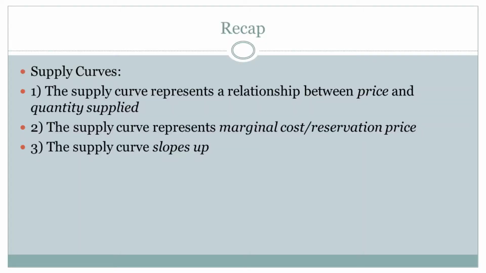We also talked about the supply curve. The supply curve is a relationship between price and quantity supplied. I give you a price, and then the supply curve will tell you that if that were the price, this is how many units people would want to make. We also talked about the supply curve showing you the marginal cost, or the reservation price, for suppliers, for producers.